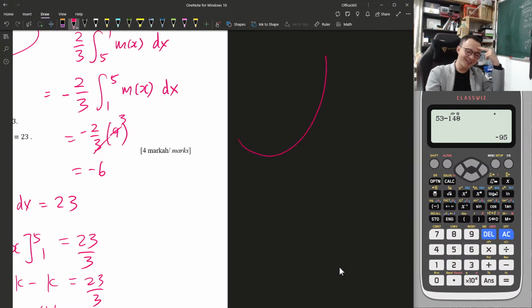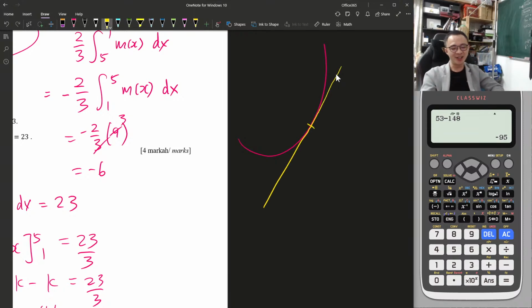The longer answer is there's a curve here, and you have a straight line. You have a straight line that will touch this curve at one point. Oh my god, I'm so bad at using these tablets. Okay, assume here you just touch one point. So this point is called the tangent point.